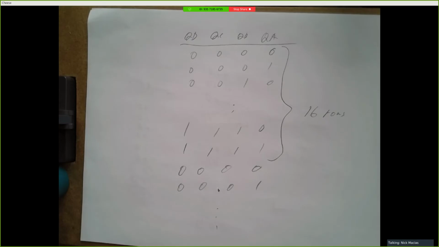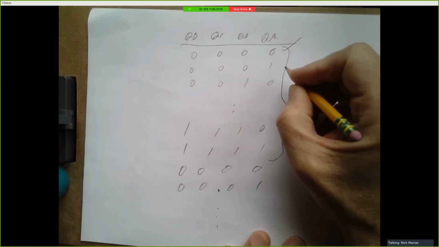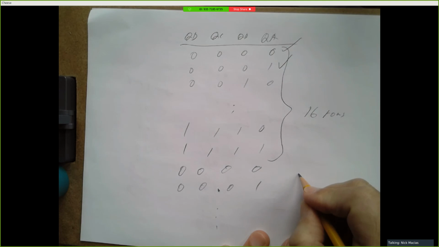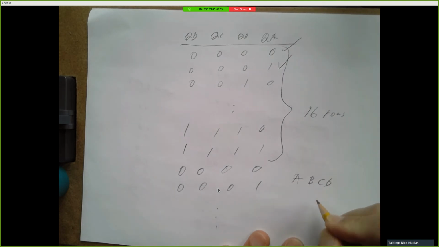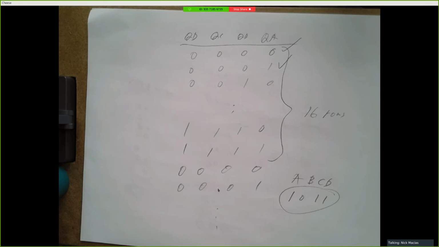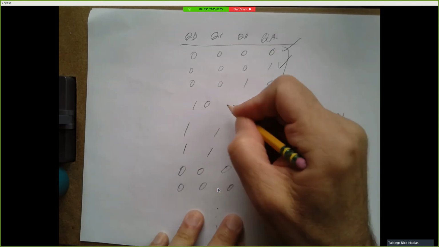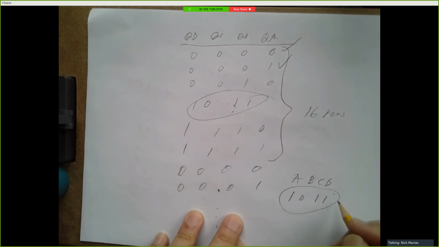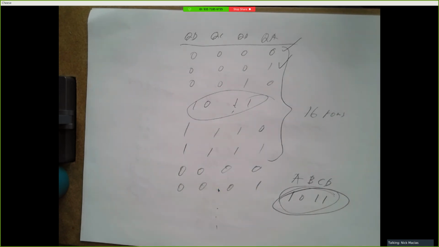So for example, maybe I'm counting 0, 0, 0, 0, 0, 0, 0, 1, and maybe my inputs A, B, C, D are set to 1, 0, 1, 1. If I assert the load line, the next count that I'm going to get is 1, 0, 1, 1. In other words, the values of A, B, C, D will become the value of the counter. So it's a preload option.